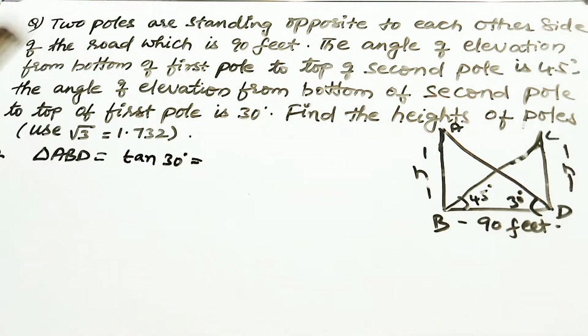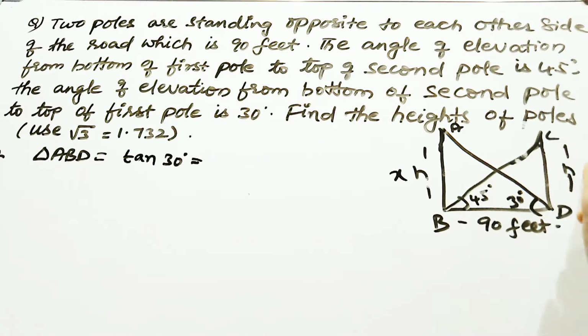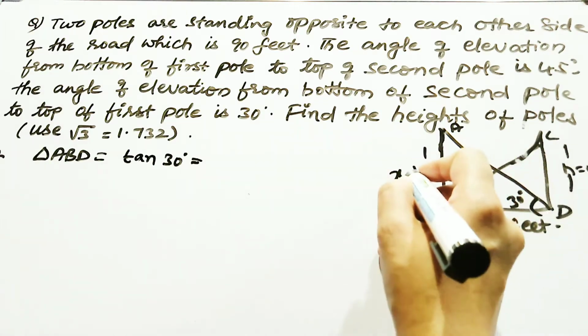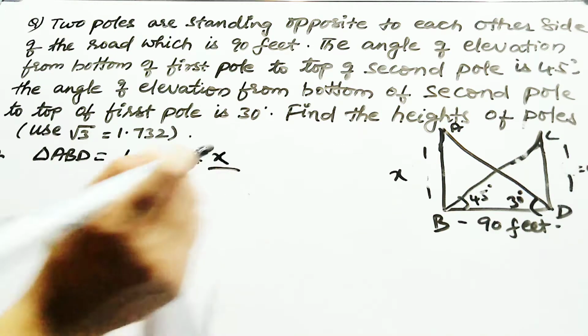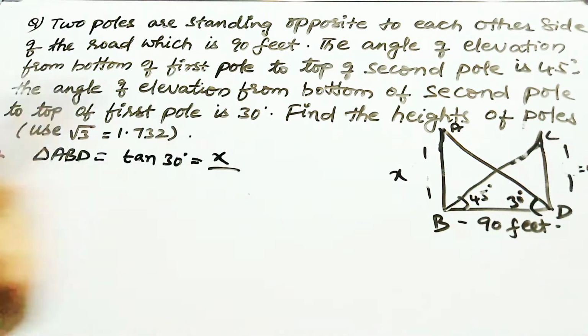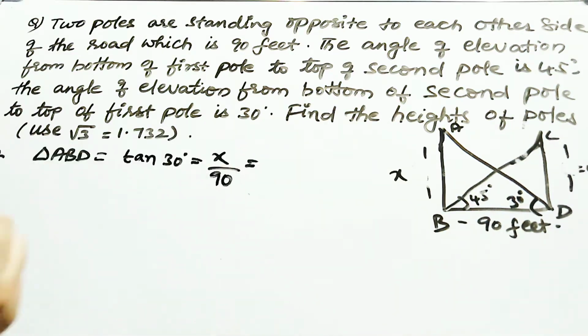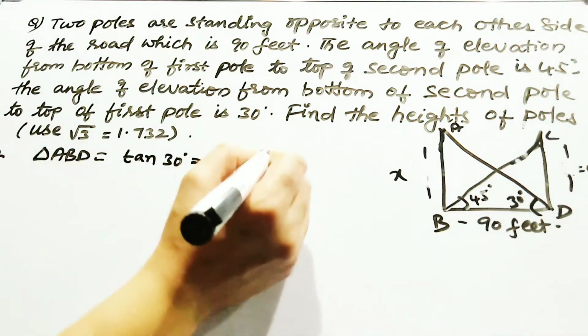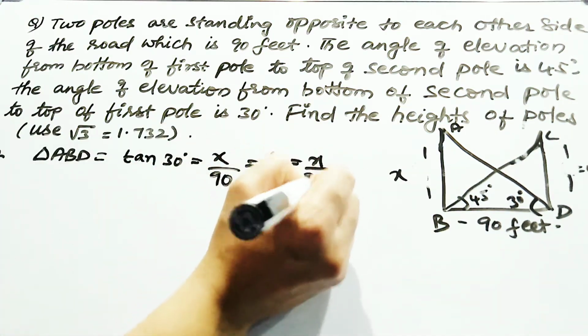We have to find out the height, so give the name x here and y here. x by adjacent, which will be your 90. So what is your tan 30? Tan 30 is nothing but 1 upon root 3 equal to x by 90.